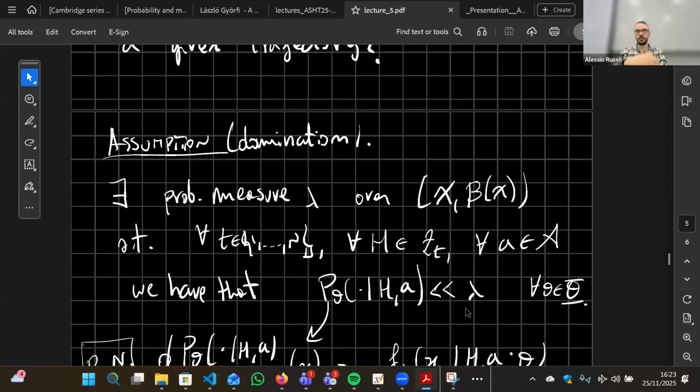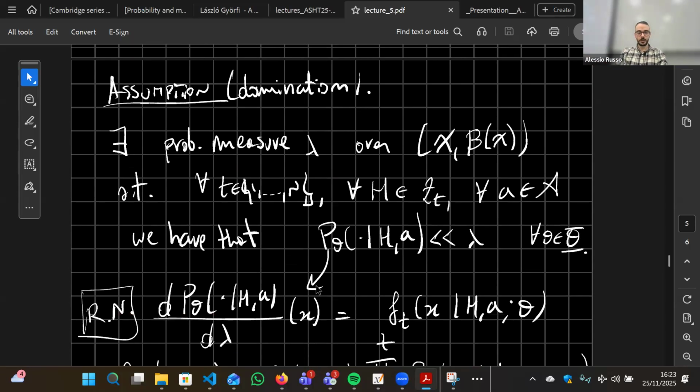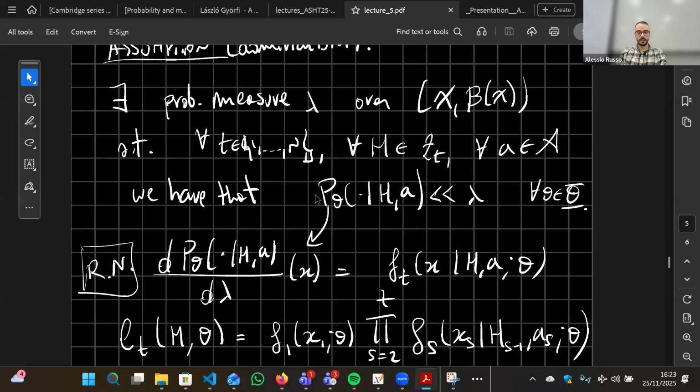Without it, you can only state that the posterior distribution exists, but you cannot write it down in closed form. What this assumption tells us is that the distribution of observations is dominated by some other measure lambda that does not depend on the trajectory, the time step, or the model.